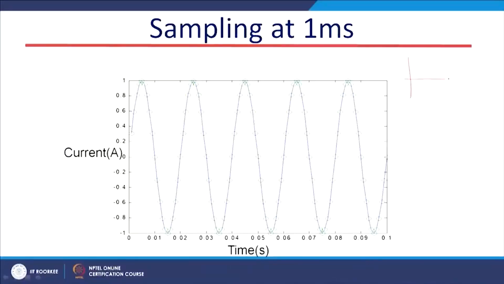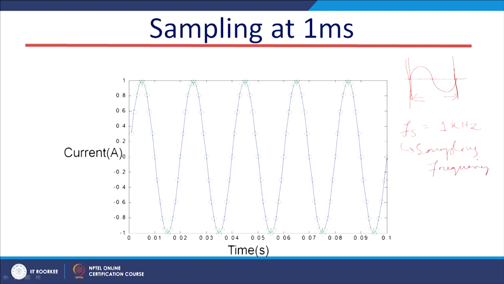Let us discuss the sampling part. If we have a voltage waveform, then for relaying and protection purposes the sampling rate we take is basically 1 kilohertz. That sampling frequency we denote by Fs; this Fs is known as the sampling frequency.